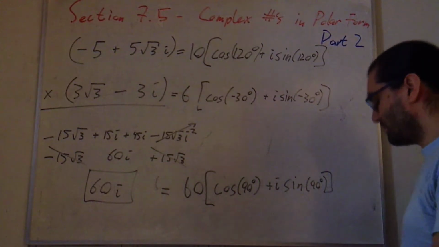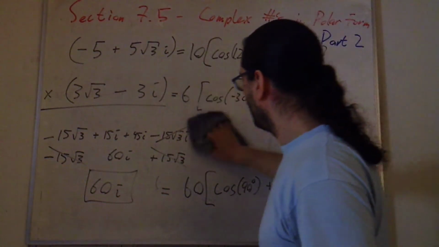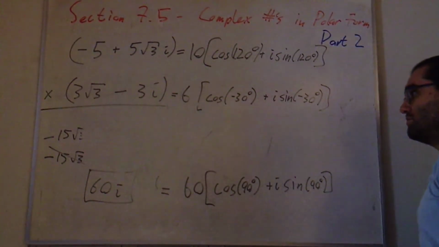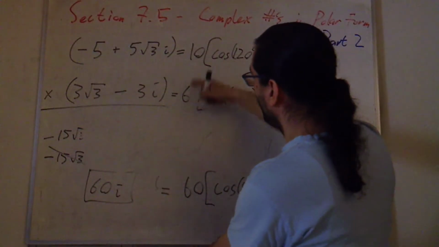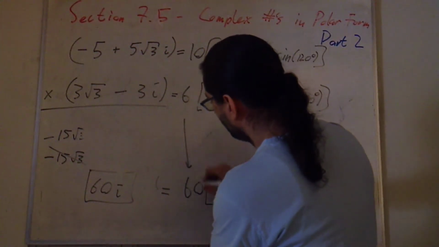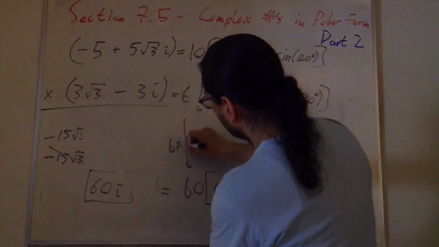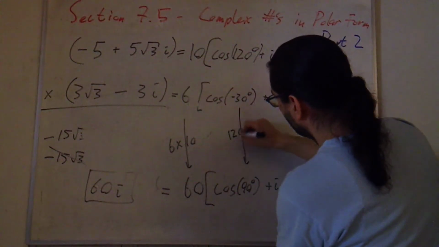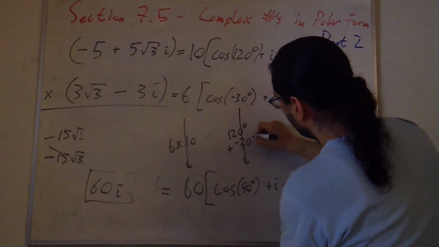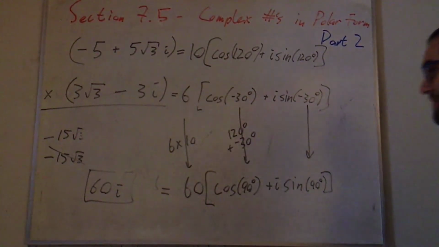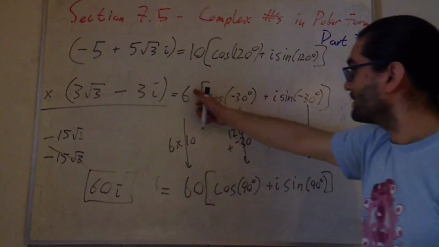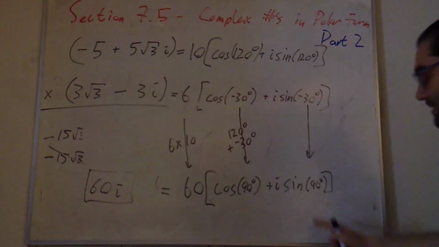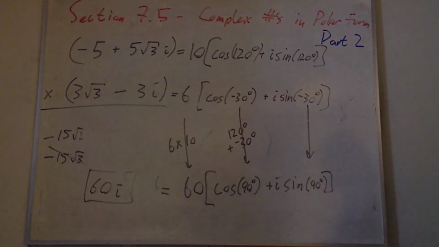If you have two numbers in polar form, literally all you have to do is multiply the r's and add the angles. And that's it, and you're done. Multiply the r's together, get your new r, add these two angles together, get your new angle, you're finished. That's all there is to it.